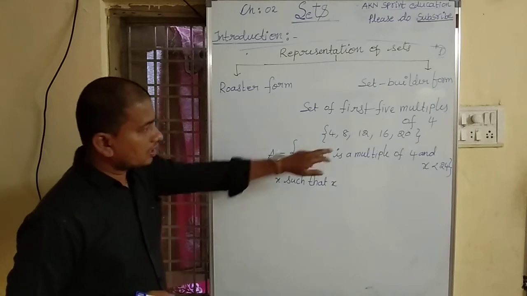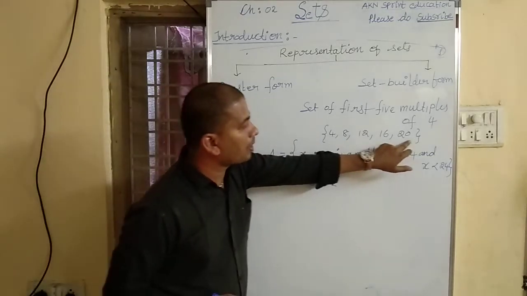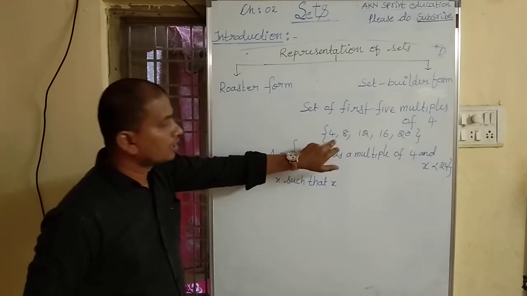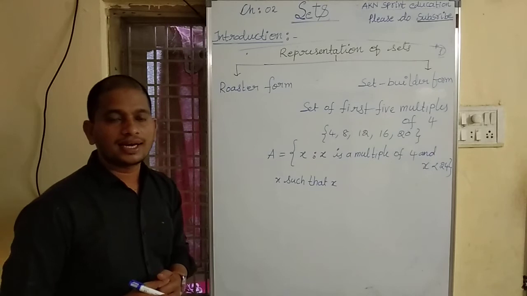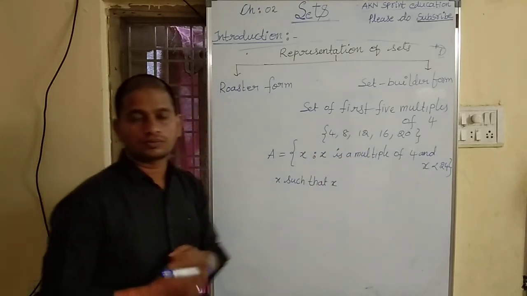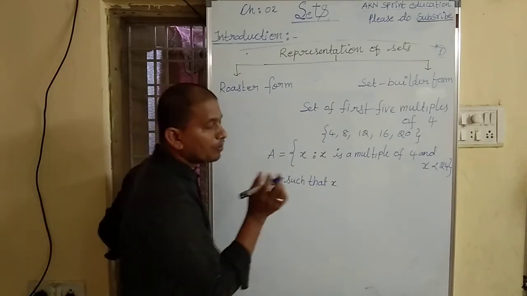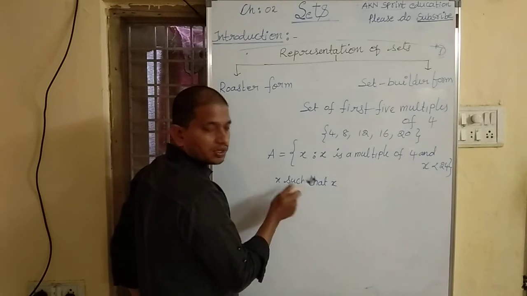See, these are the elements in the set. These all have a common property. What is the common property? They are the multiples of 4, the first 5 multiples, and they are less than 24. So the common property is they are the multiples of 4. That's why this is the syntax.